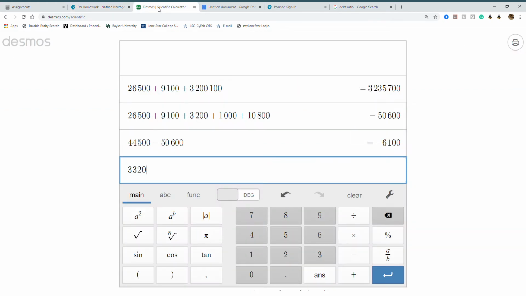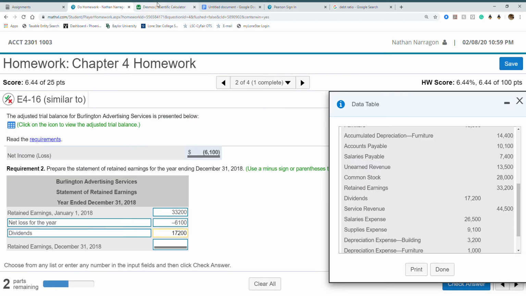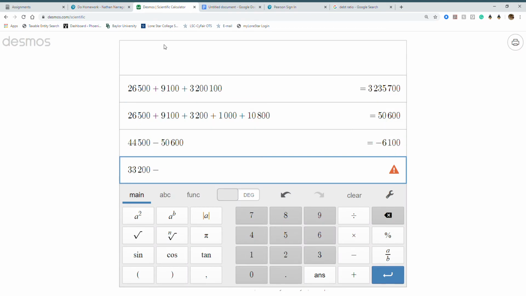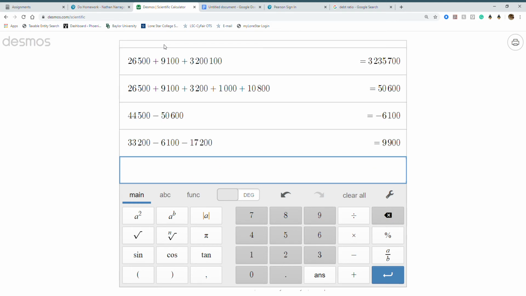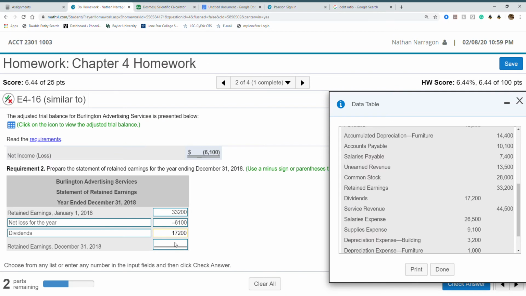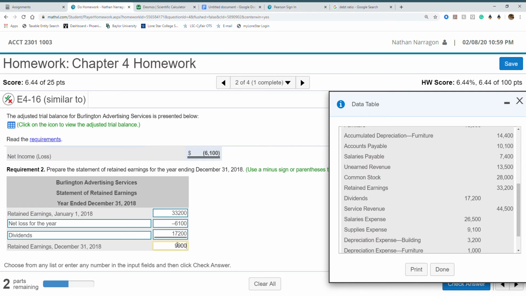So 33,200 minus 6,100 and 17,200. We're left with 9,900. That is a bad year. That's a big loss overall.